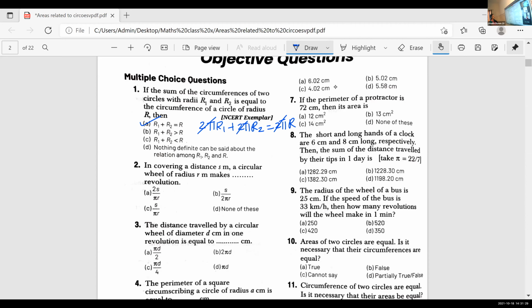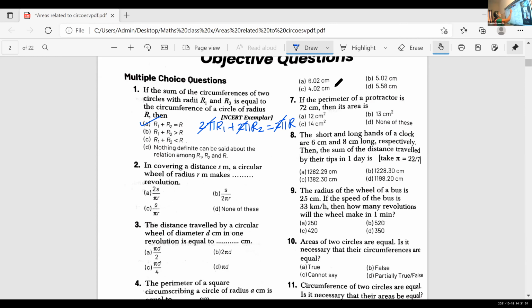Look at the second one. In covering a distance S meter, a circular wheel of radius R makes how many revolutions? What is the formula we have learned for the number of revolutions? Number of revolutions is equal to distance by circumference.